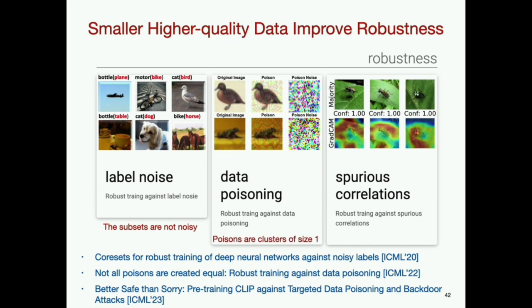For data poisoning, gradient clusters of size 1, if we discard them, we can train robust to data poisoning attacks. We only need to do this early in training. And if we balance these gradient clusters early in training, we can also train robust against spurious correlations, and we get a much better OOD performance.